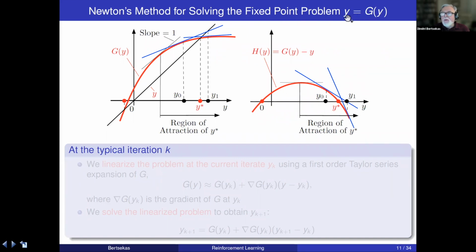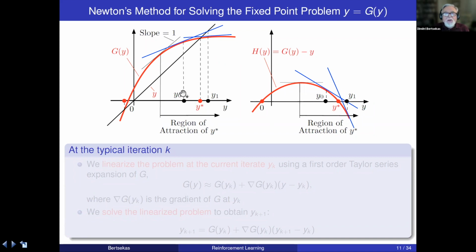Let's apply it to finding a fixed point of a generic function g of a variable y. G stands for generic. Okay, so here is g, and its fixed point is this point here, the point where y star equals g of y star.